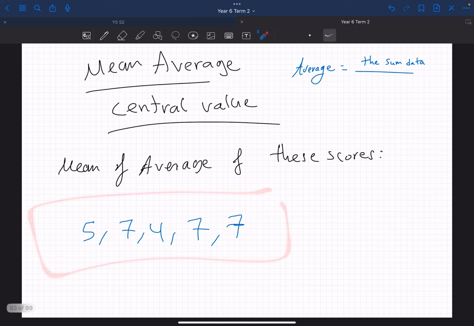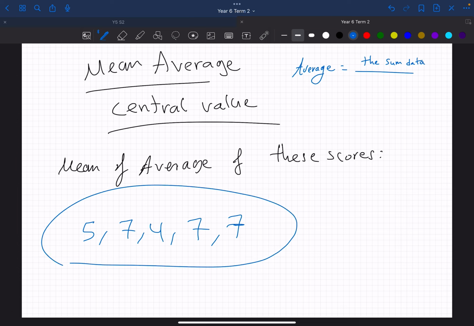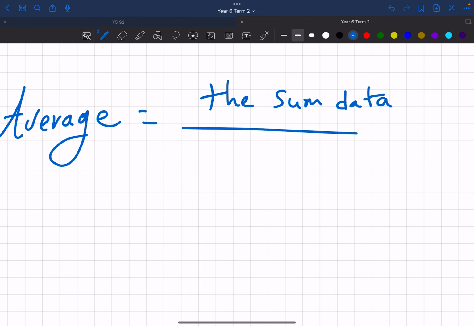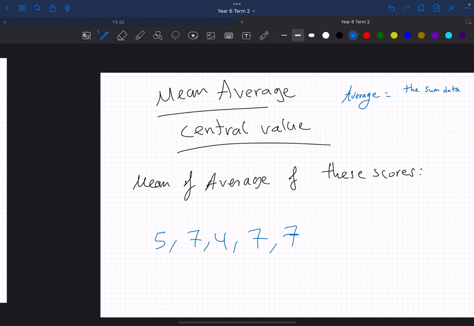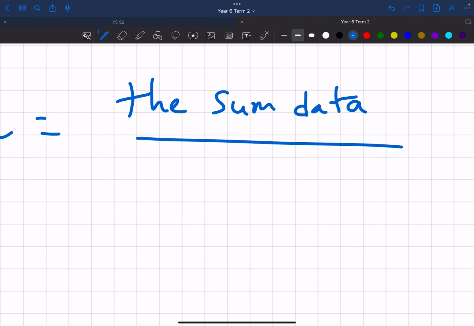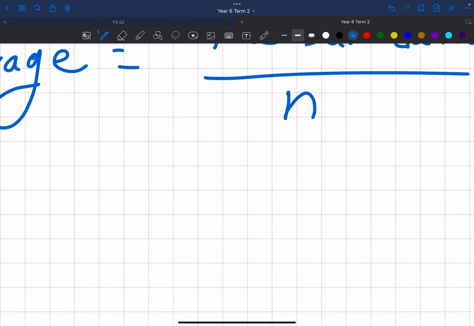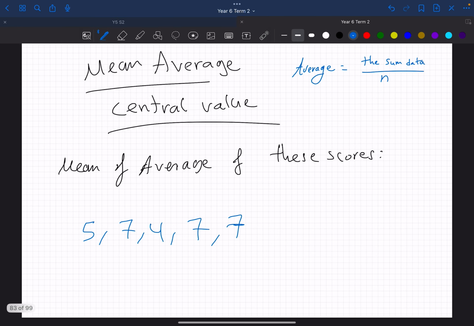I add them. Sum means addition, the whole summation of these numbers together. Divided by what, mister? Divided by the number of numbers. How many numbers do you have? Like 1, 2, 3, 4, 5.